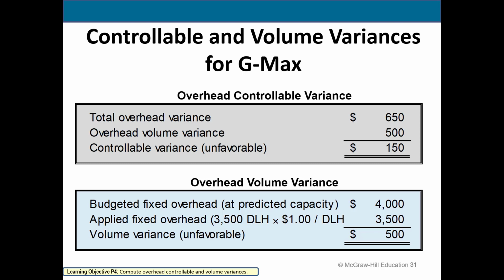So the volume variance is unfavorable, because they made fewer units than they expected. They were expecting to make 4,000 and they only made 3,500.